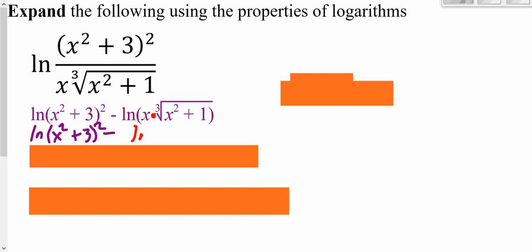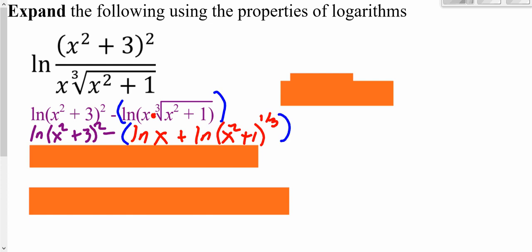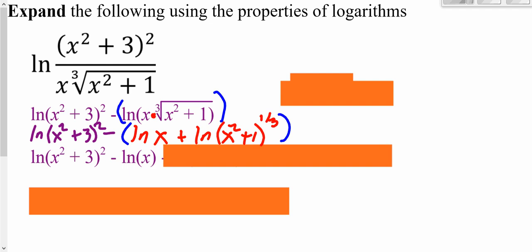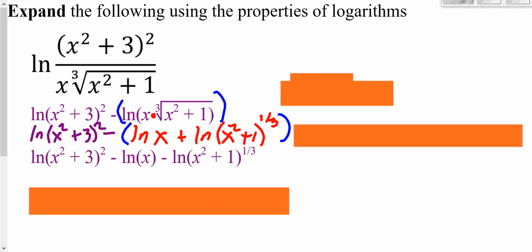So you could go log of the first one plus log of the second one, which is really x, and the cube root of x squared plus 1, and that cube root is a 1/3 power. However, you need to make sure that you're subtracting that whole thing, so there'd be parentheses here. So basically, you just have to distribute through that negative sign, and you would get this.